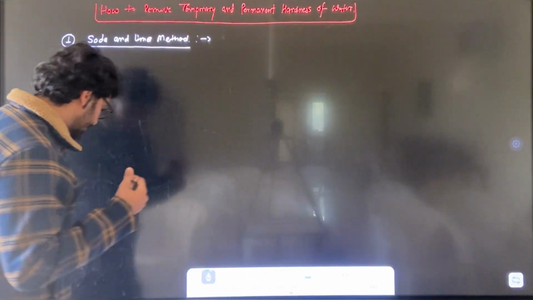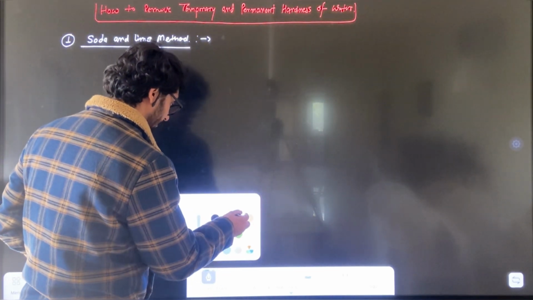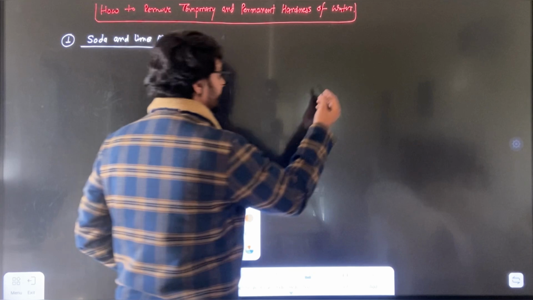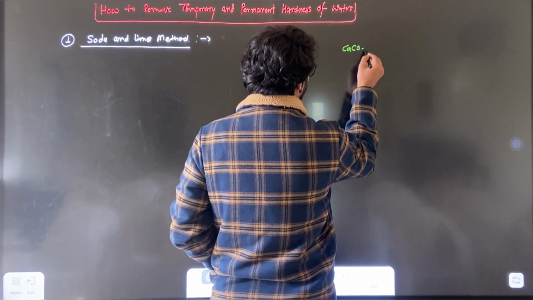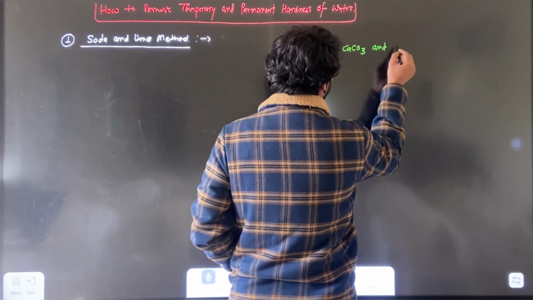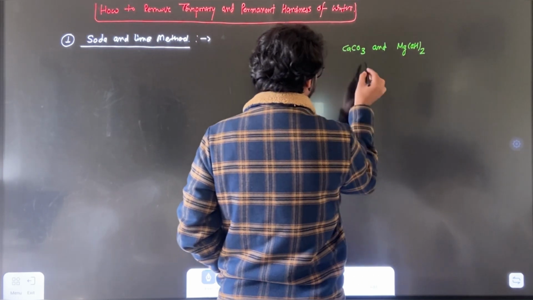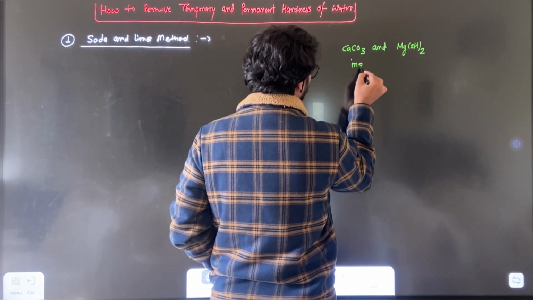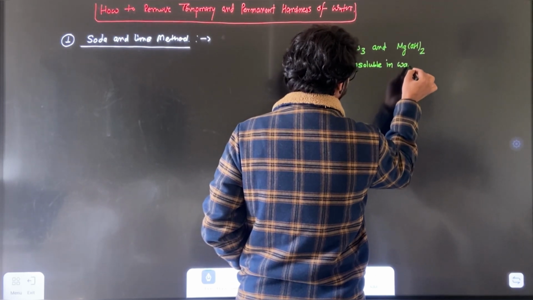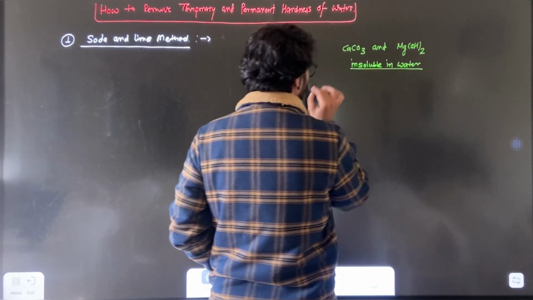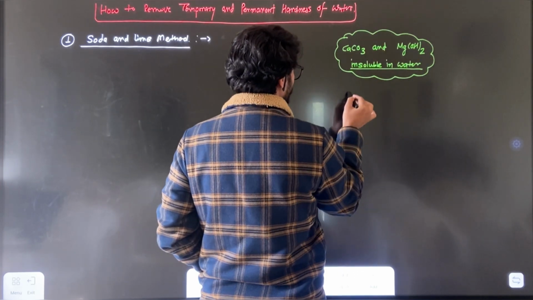And first of all, let me discuss the two salts which are insoluble in water. First is calcium carbonate and second is magnesium hydroxide. These two salts are insoluble in water, right? So we have to target magnesium.